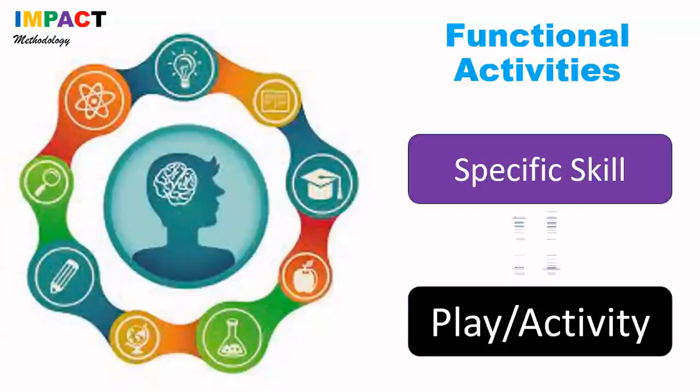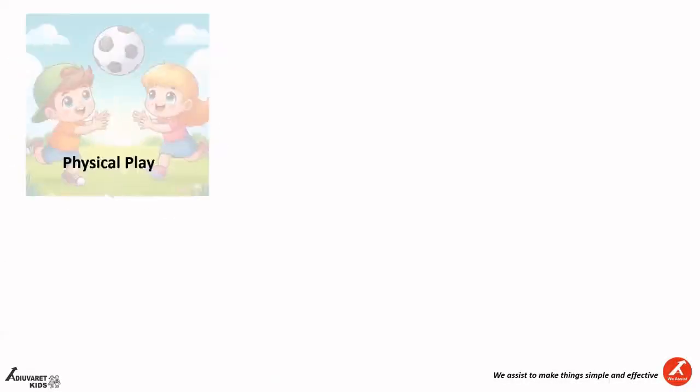Whatever play or activities we design for school must be functional activities so that a specific skill can be improved in a child. Now, when we talk of various skills, in a broader perspective, there are five types of play which can be adopted in a preschool setup.